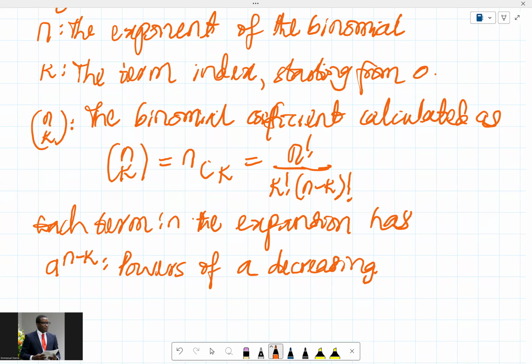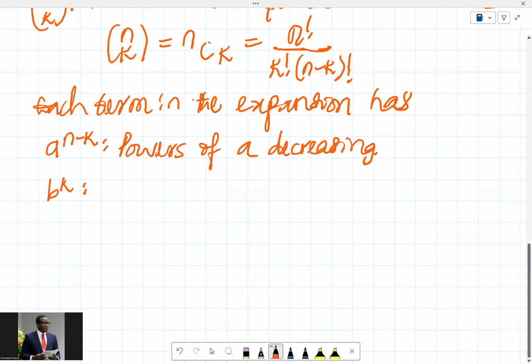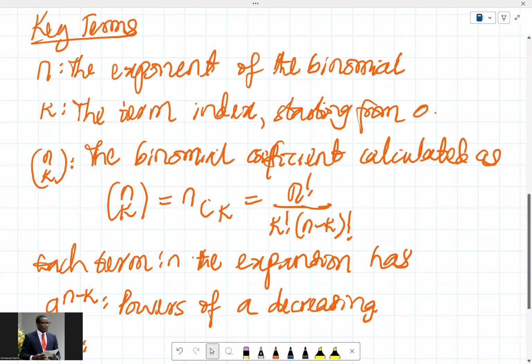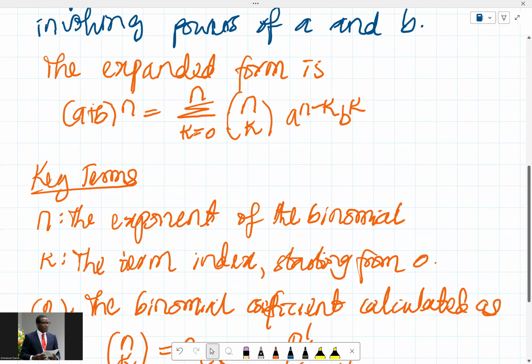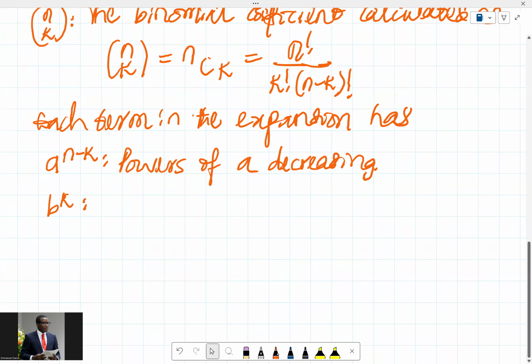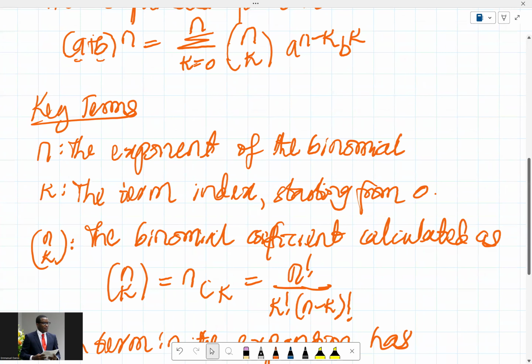Then you have b raised to power k. You have two terms: the first term is a, the second term is b. So the power of a is decreasing while the powers of b are increasing. Of course, as we go on in this series, you'll understand better because we're going to break it apart as we move on.